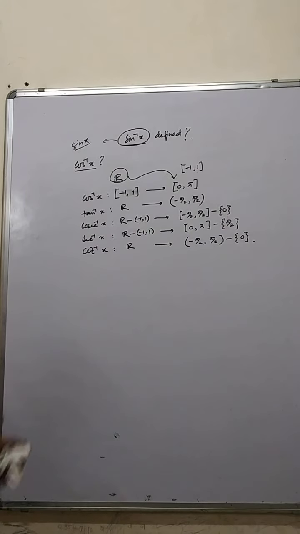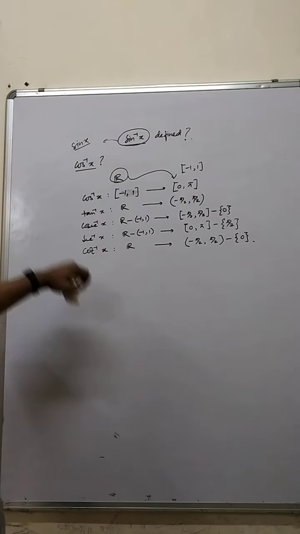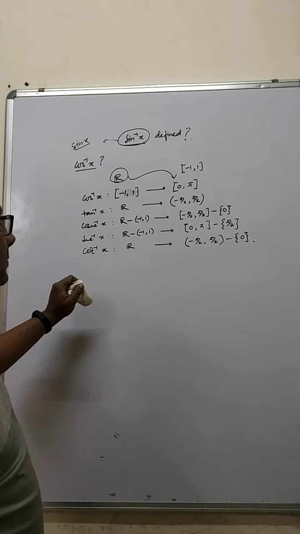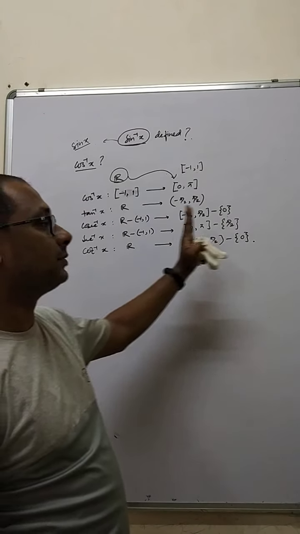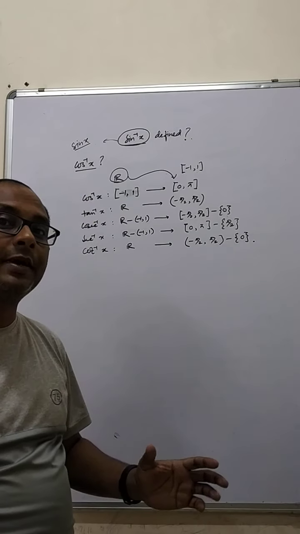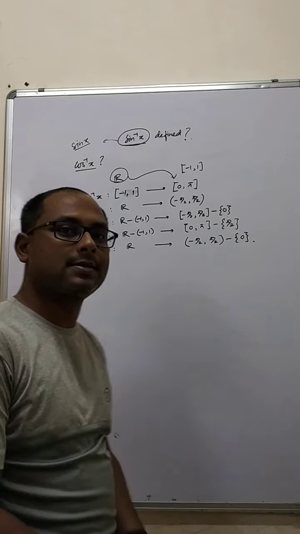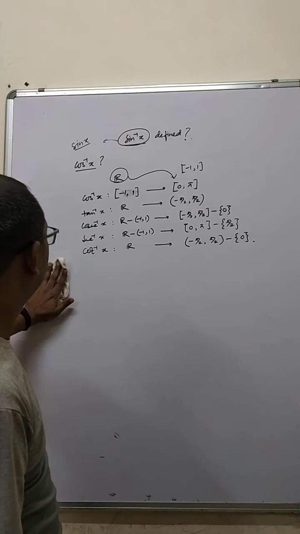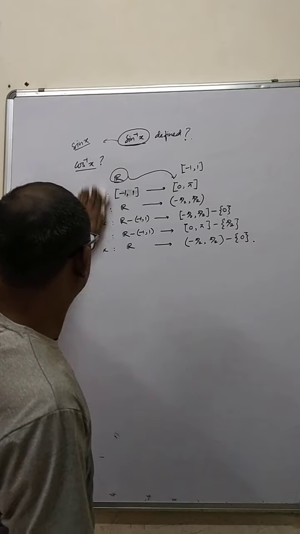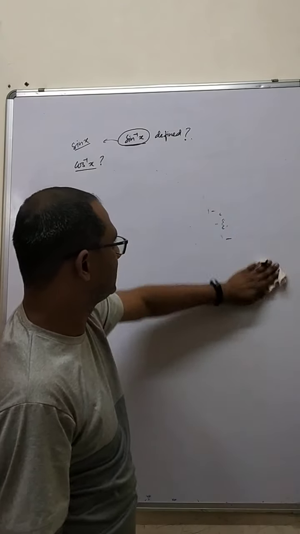Okay, so these are called the principal value branches of sine inverse, cos inverse, tan inverse, sec inverse, and cot inverse. And principal value branches are the range of these inverse trigonometric functions, or the restricted domain of the original functions, that is sin x, cos x, tan x, sec x, and cosec x. Okay, so let us discuss two very important properties.